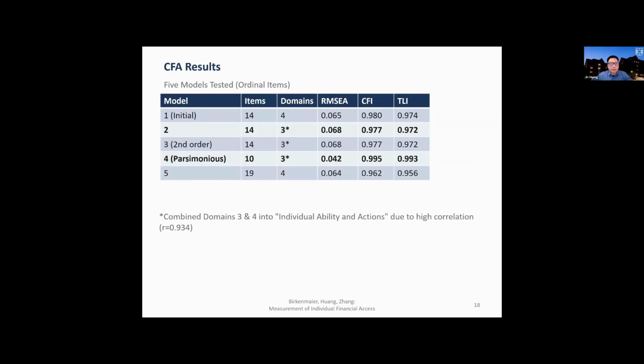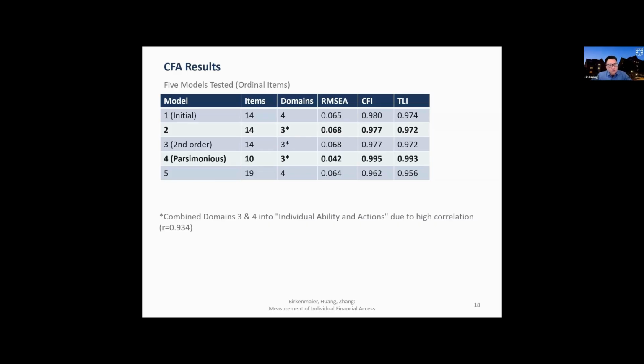It has acceptable fit, but shows a very high correlation, 0.93, between individual ability and individual action, suggesting these 2 domains were not distinct. So that's why we combine these 2 domains together, like Julie mentioned previously.